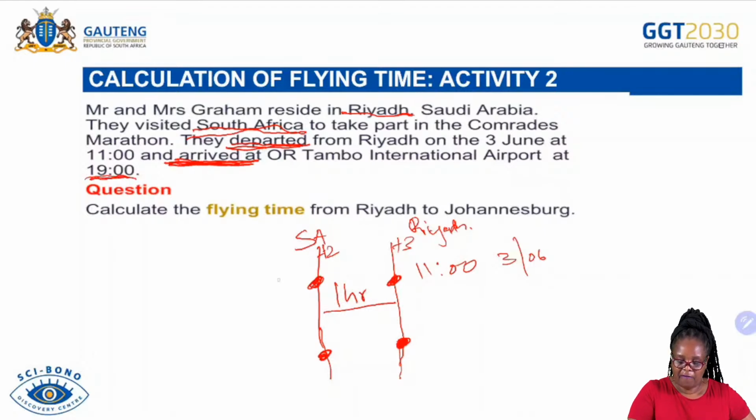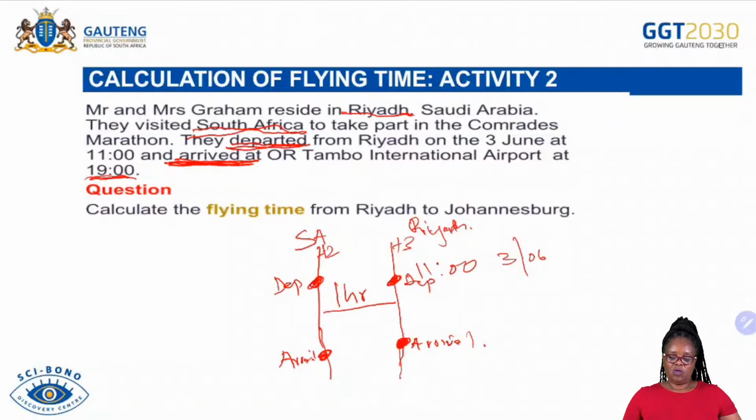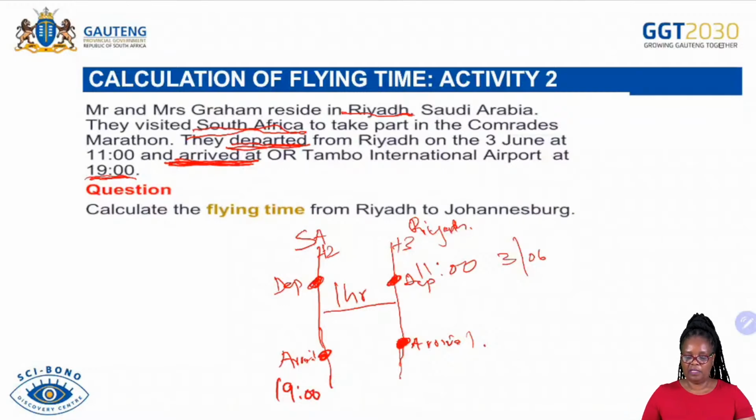Remember I said the first is depart, the second is arrival. This is depart, this is arrival. So now, it says here on the scenario, they arrived at OR Tambo International Airport at 1900 hours. This is the given time.